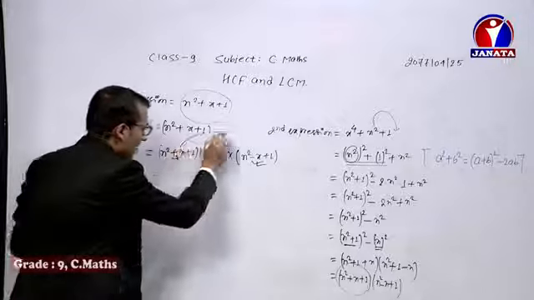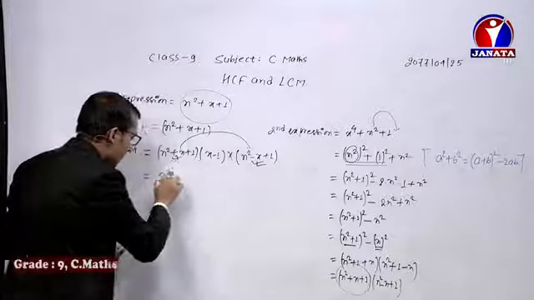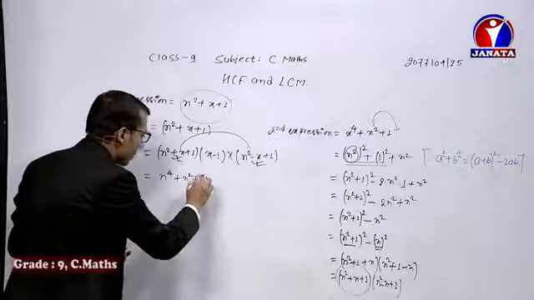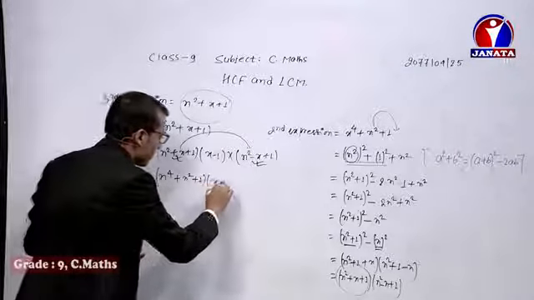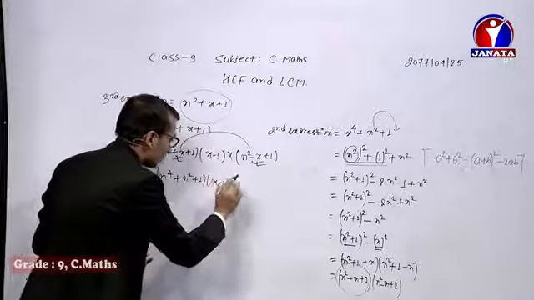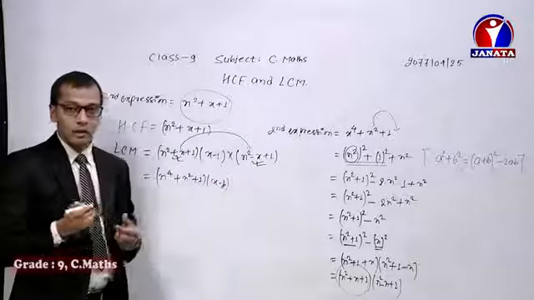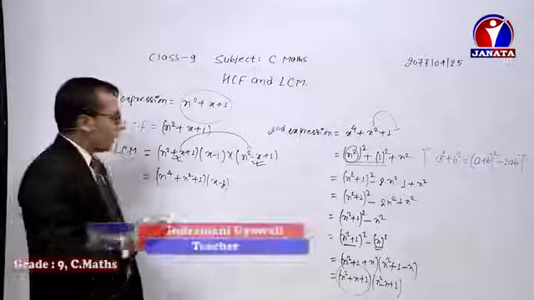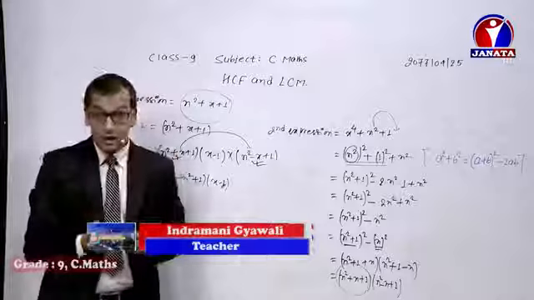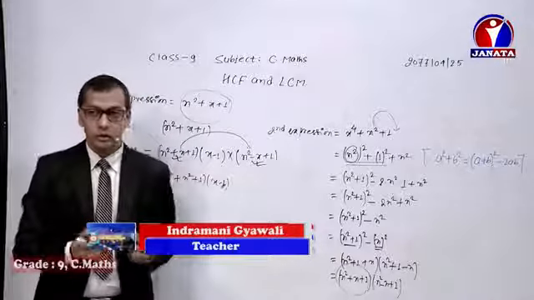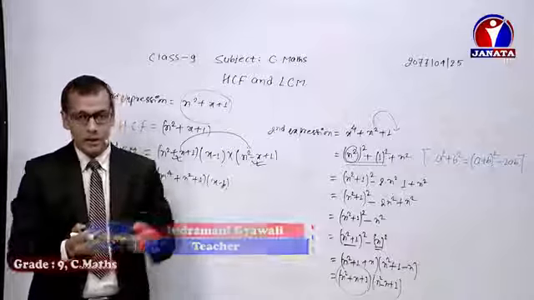If we combine first and third, x⁴ + x² + 1 times x minus 1. So this is LCM. I hope you are getting the concept of HCF and LCM.